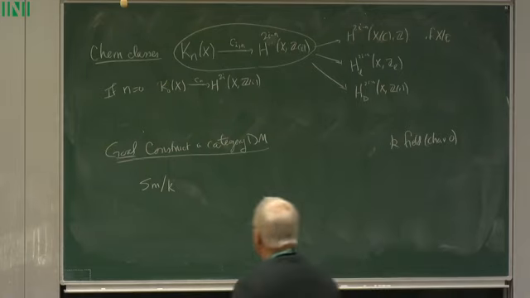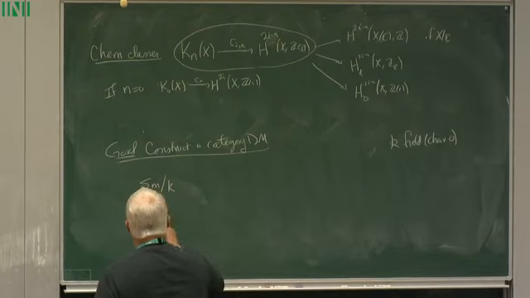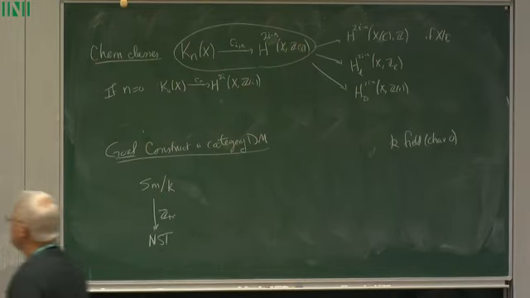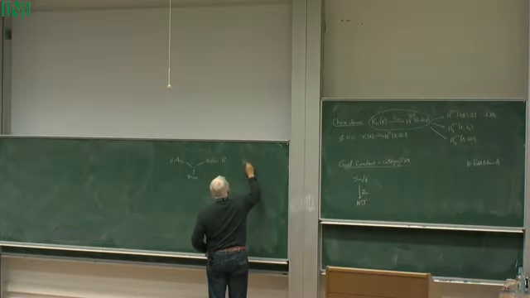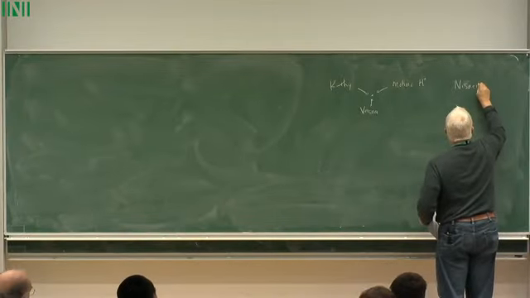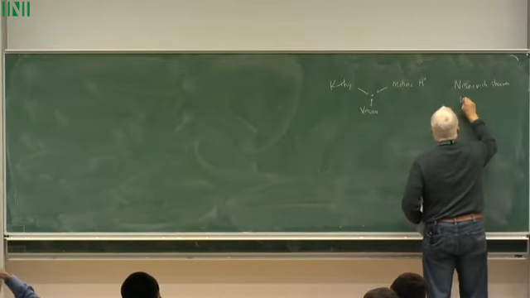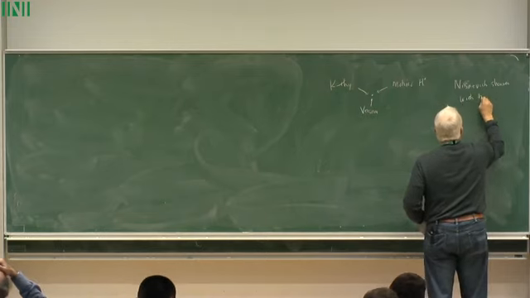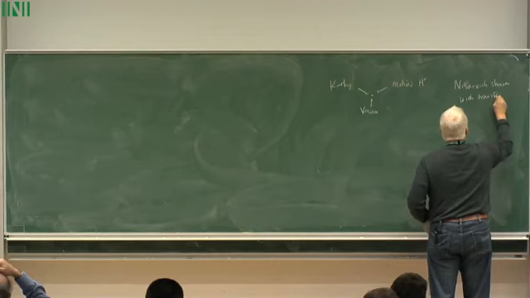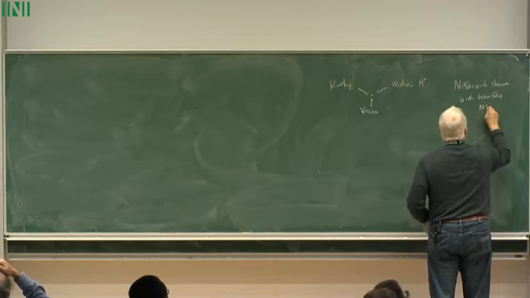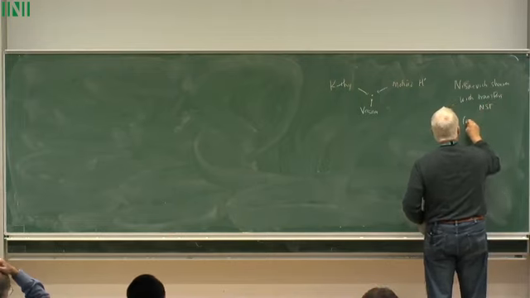So you have this, and you have Z-transfers, and you have NST. So the fact is Nisnevich sheaves with transfers is what I'm calling NST, and it's an abelian category.